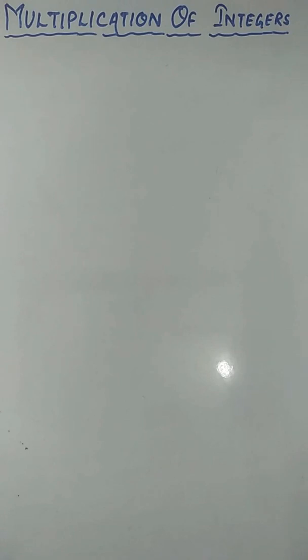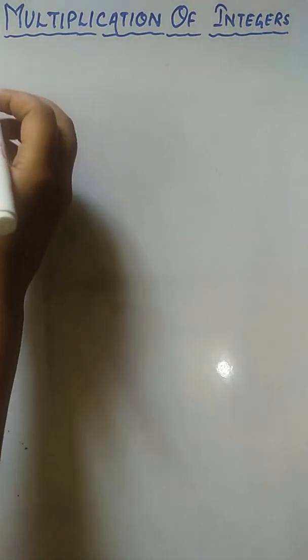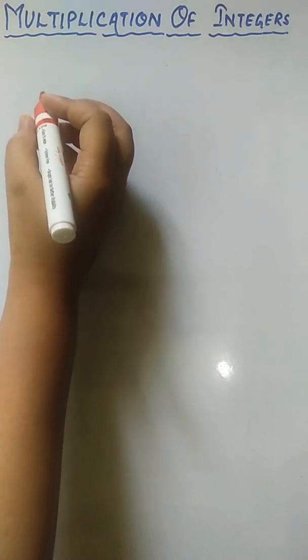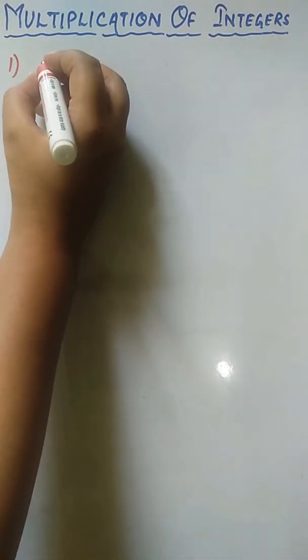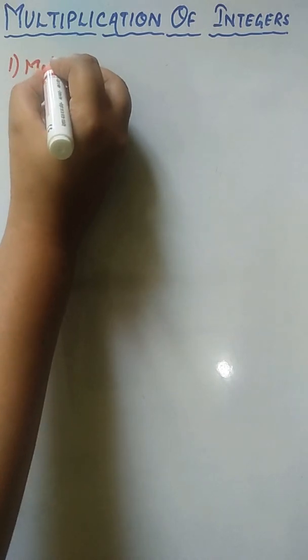So today I am going to start multiplication of integers. There are some rules for multiplication of integers. So first of all, I am going to start with multiplication of a positive and a negative integer.